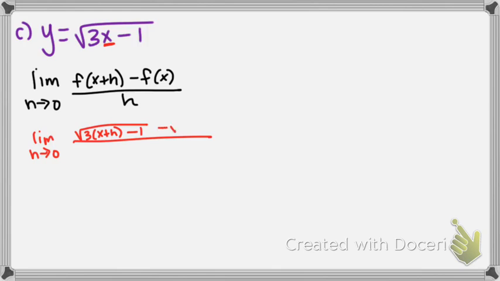Minus the original, all over h. Okay, I would distribute the 3 personally. Three x plus 3h minus 1.